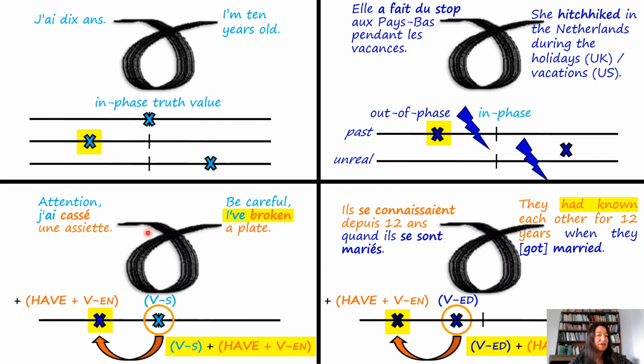Let's take another example as well for this case here. You remember that anytime you have le passé composé in French, you don't necessarily go for the present perfect, okay? So let's take another example. Je la connais depuis que je suis arrivée.